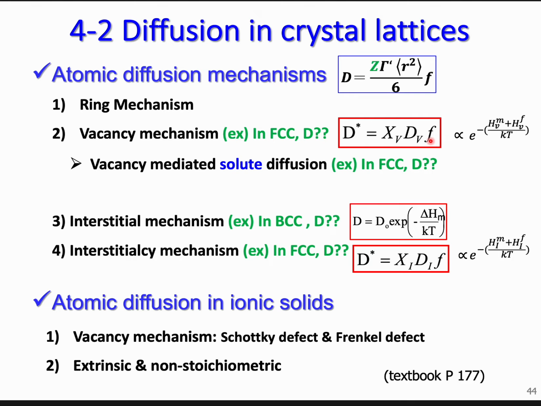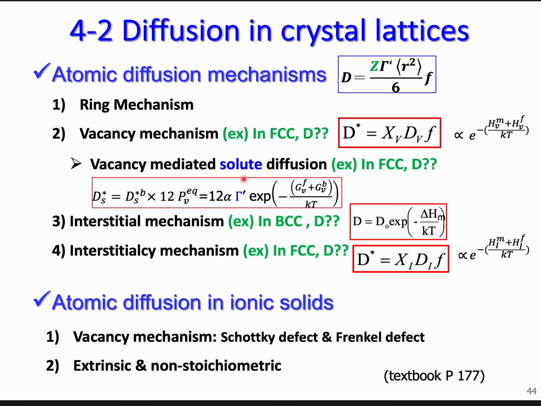But if you dope some dopant or solute atom at the substitutional site and want to estimate the diffusivity of this solute, based on the previous slide, we know that the diffusivity of a solute is expressed like this, and the gamma prime here can, depending on the case, belong to case 1 or case 2. You can put in the limiting probability.